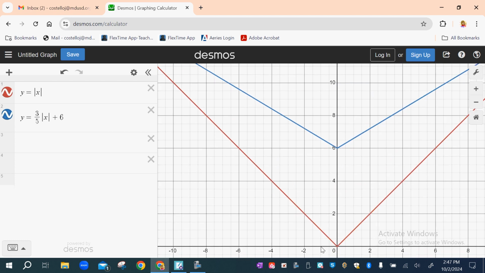Two different things happen here, don't they? Can you tell that there are two different things? The original is the red, the absolute value of x, and then the blue is 3/5 x plus 6.